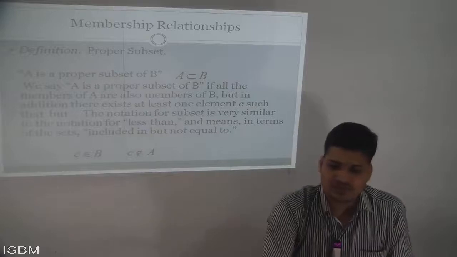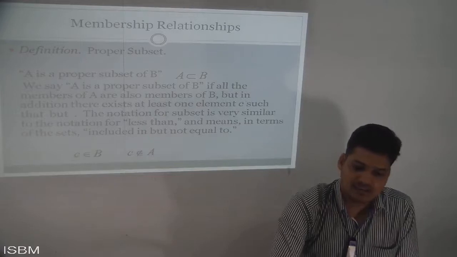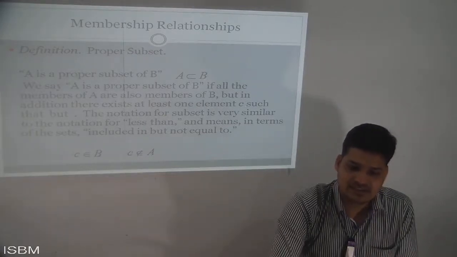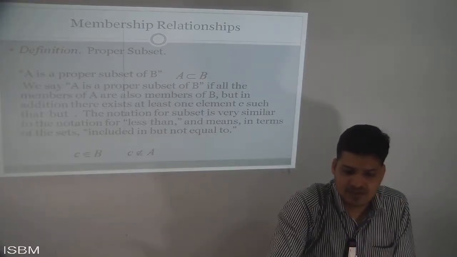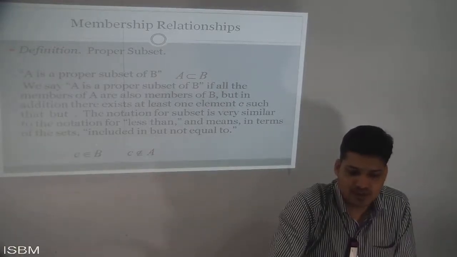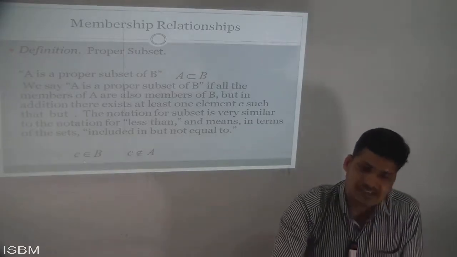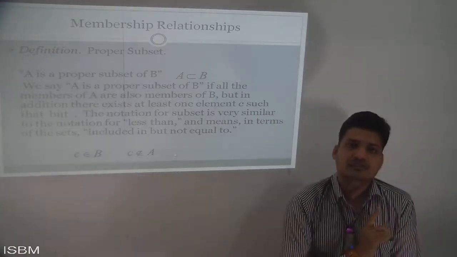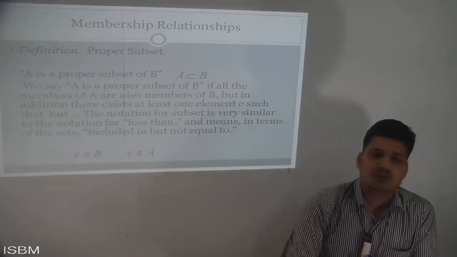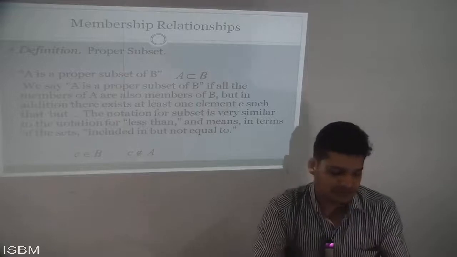But in addition there exists at least one element C such that C is a member of B, but C is not a member of A. There is one element in one set which does not belong to the other. The notation of proper subset is very similar to the notation for less than, and in terms of sets it means included in but not equal to.